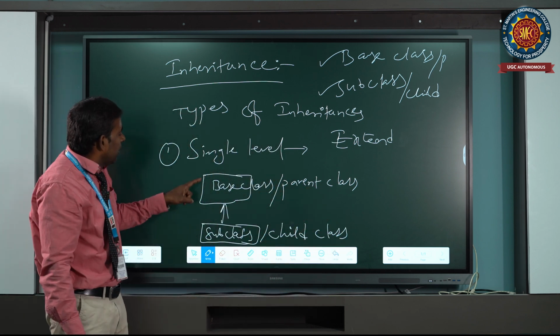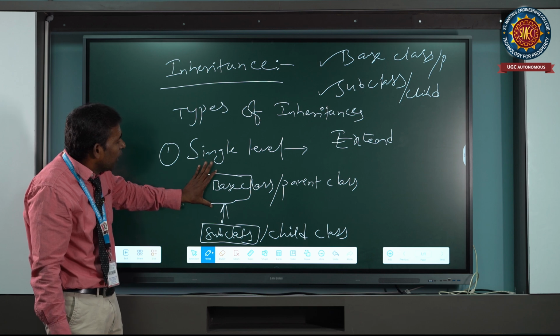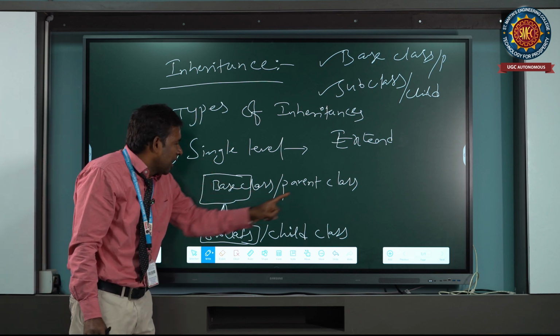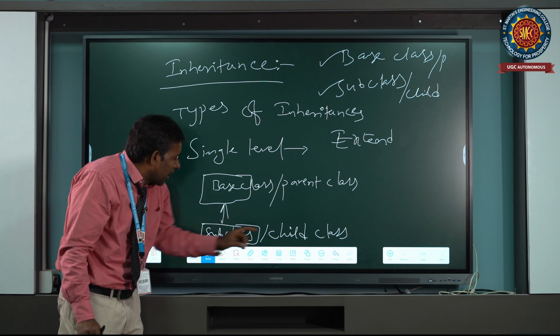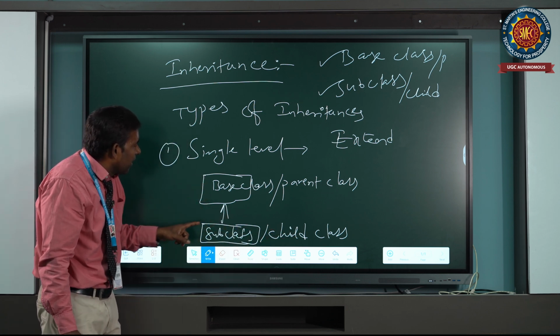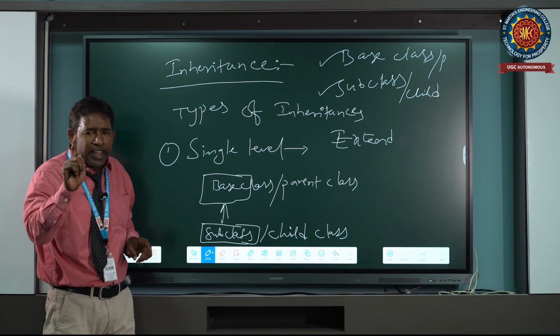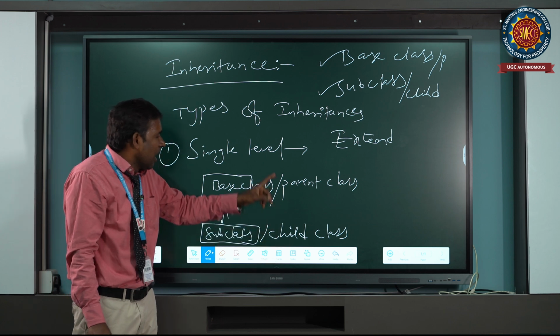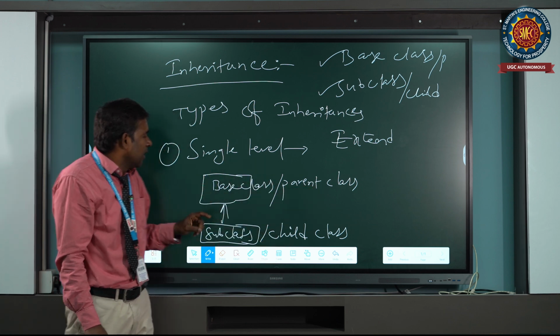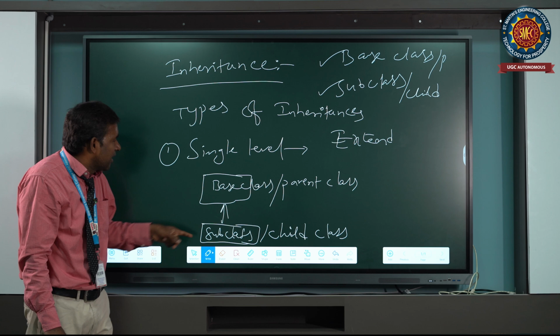Single level means we have only one base class or parent class, and only one subclass, meaning only one child class. This is called single level. In single level inheritance, we take only one base class and one subclass. This is about single level inheritance.